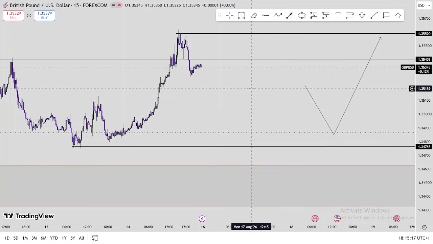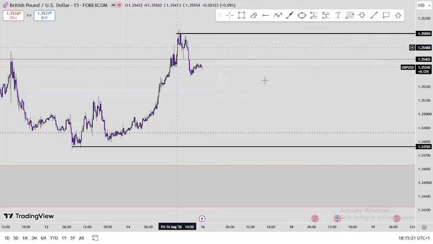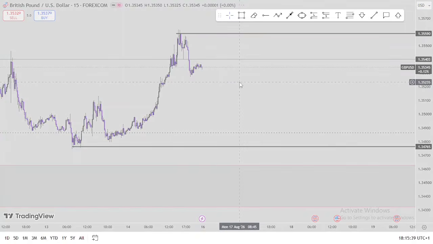So that's what I'm expecting on GBPUSD, but I'll be waiting for more evidence to have a clearer insight of what it wants to do. If it starts breaking these areas here, we'll be looking for demand areas that were created around these areas here before we continue up. So yeah, that's my analysis on GU.